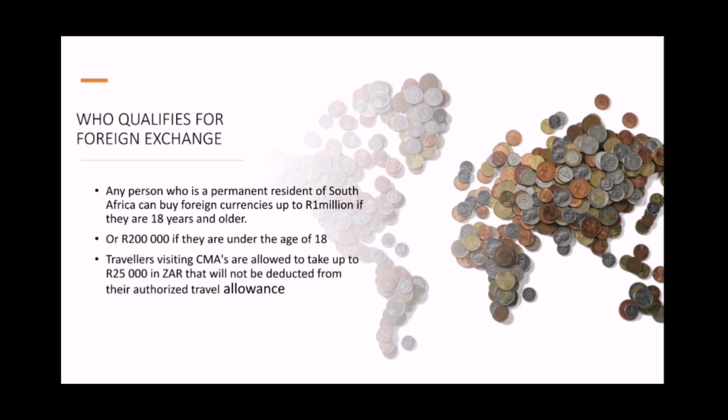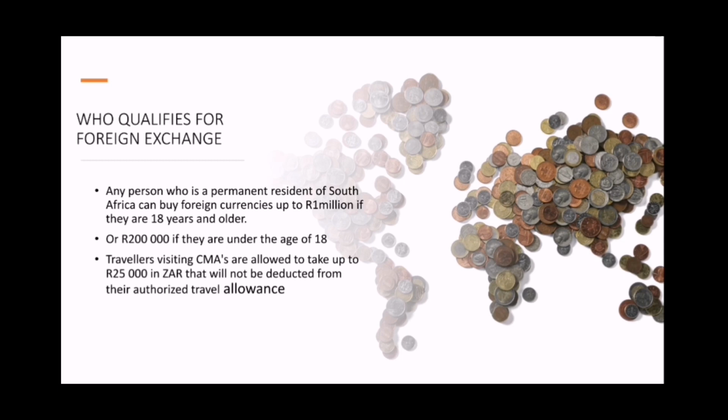Obviously, you as a traveler or as a tourist, you won't take 1 million rand at a go. Usually you will maybe need 25,000 rand, 50,000 rand, 100,000 rand per trip.